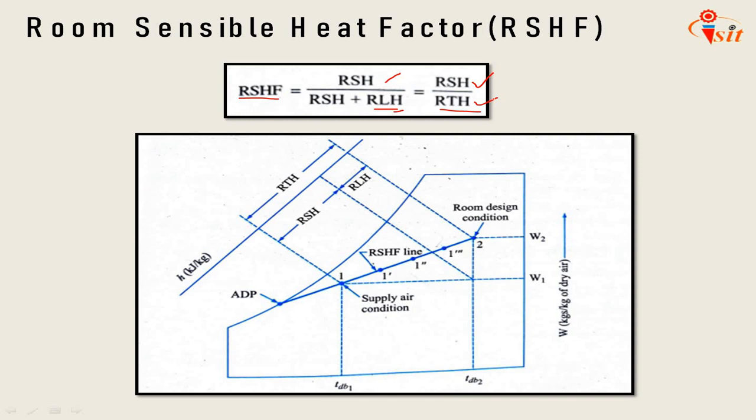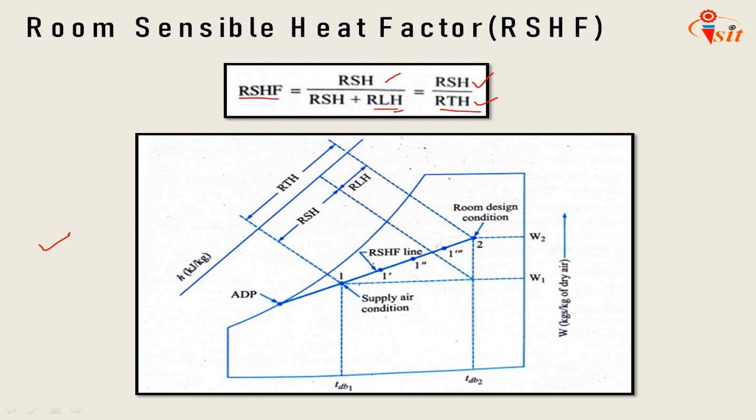The air which is to be supplied to the conditioned space must have the capacity to offset simultaneously both the room sensible and room latent heat loads. The room and supply air conditions to the space may be plotted on the psychrometric chart, which is shown here in this figure, and the points connected by a straight line.